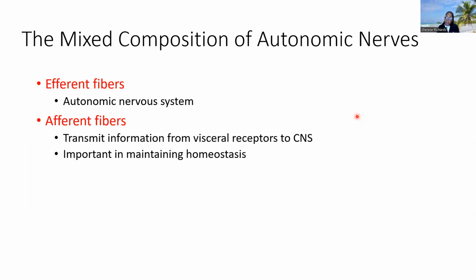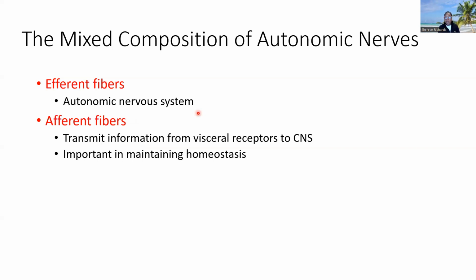Afferent fibers are picking up information from receptors, from sensors and detectors, about the world around us, and all that sensory information is being transmitted on afferent fibers with an A to the central nervous system. And then from there, responses and effects and reactions are being communicated on efferent fibers, which will include the autonomic nervous system. So within that spinal nerve, there are fibers that are traveling in both directions.